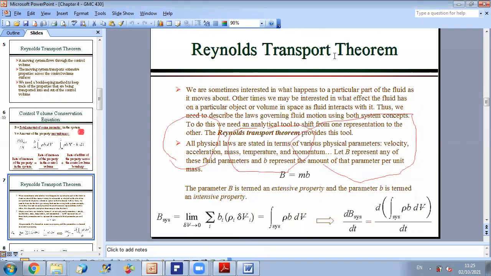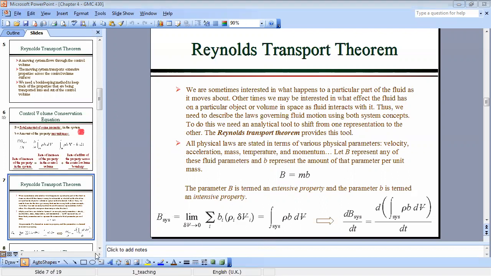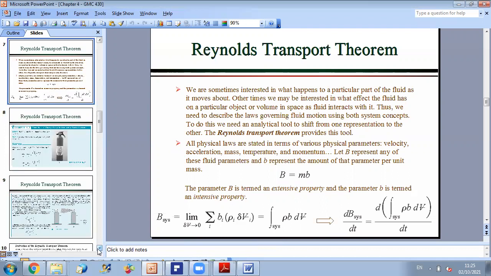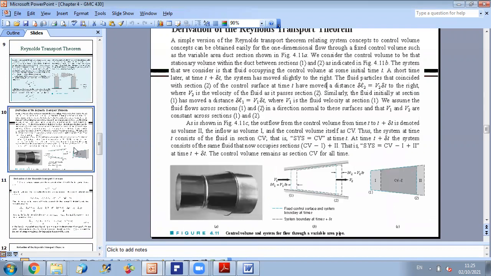So what is the objective of the Reynolds transport theorem? The objective, as we said, is to connect what is happening in the control volume and in the system. Okay, this might be complex as a first insight, but when we take a small example, you will understand.